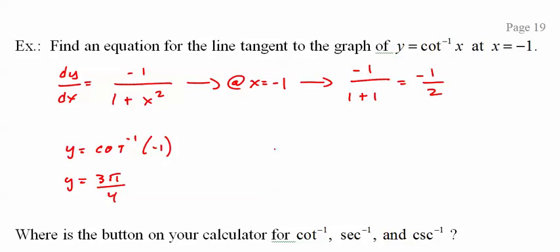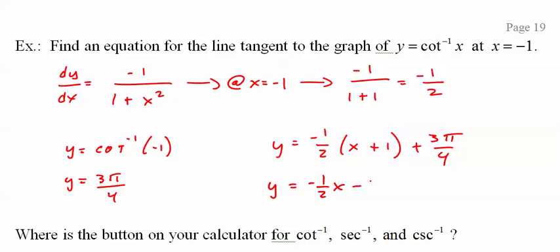So then we get back to y equals negative 1 half x plus 3 pi over 4. And we can finish that off. Y equals negative 1 half x minus 1 half plus 3 pi over 4.